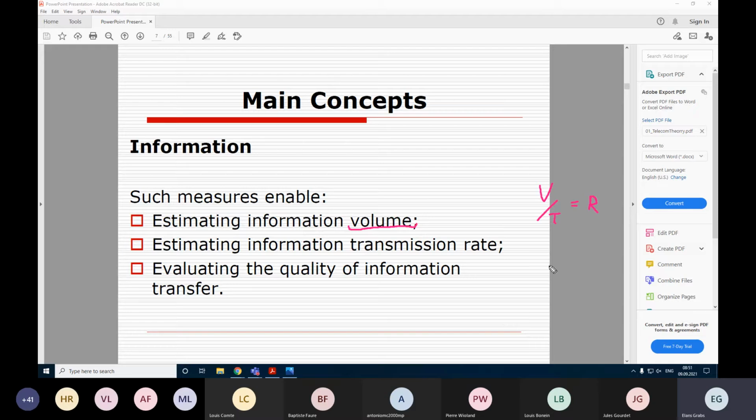And that's actually how we measure gigabits or megabits per second. So for giga, we have 10 to the power of 9 bits per 1 second. So that's basically the amount of information being transmitted over a duration of 1 second.